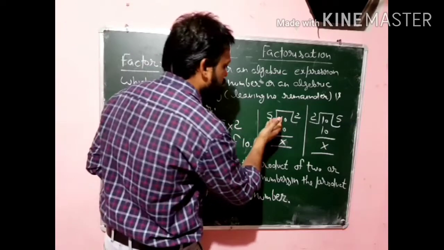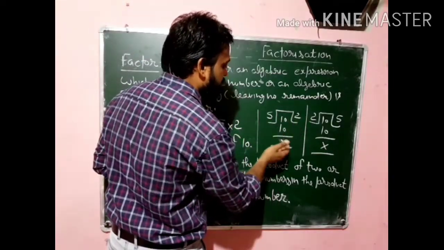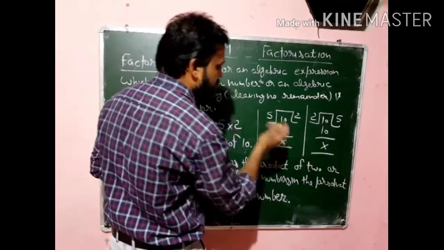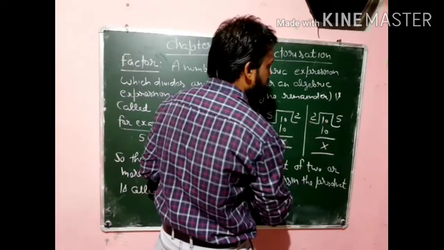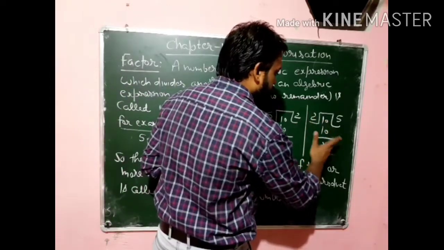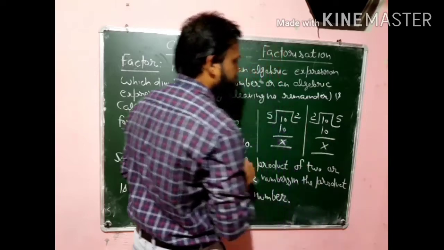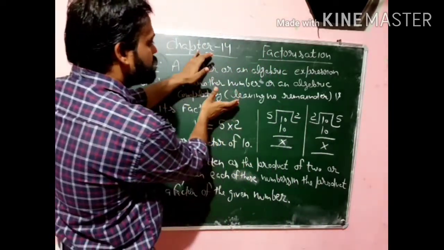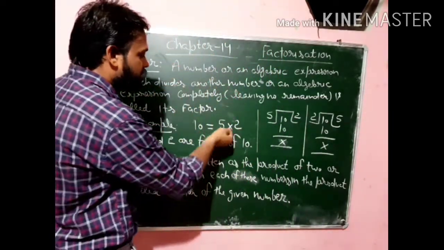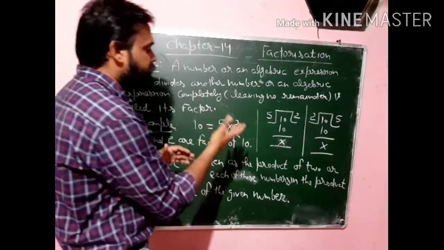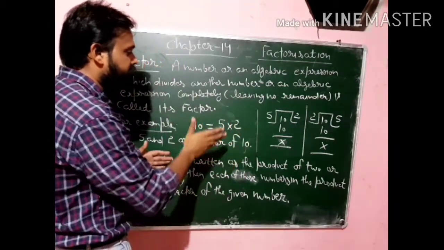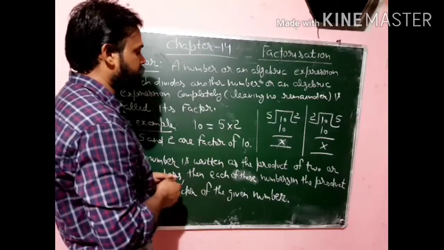You can see here 5 is dividing this 10 completely, meaning there is no remainder left. Even this 2 is dividing the 10 completely, meaning in this case also no remainder is left. So this is the meaning of the definition. A number which can divide another number with no remainder left is called the factor of the other number.